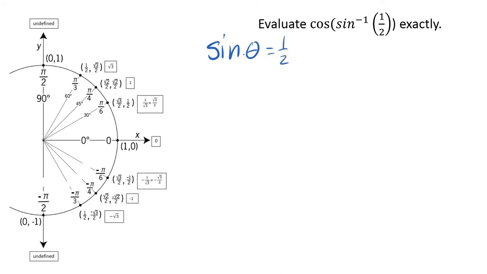So sine of theta equals 1/2. Well, if I come over here and look at my y value, because it's sine, it's 1/2. So this tells me theta is pi/6. So arcsine of 1/2 is the equivalent of pi/6.